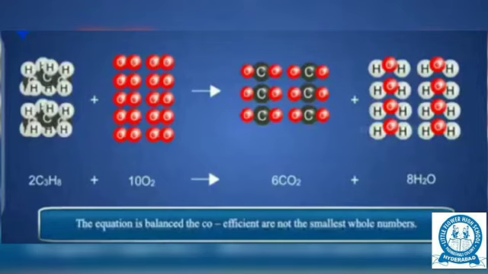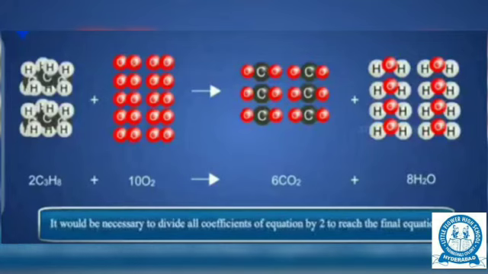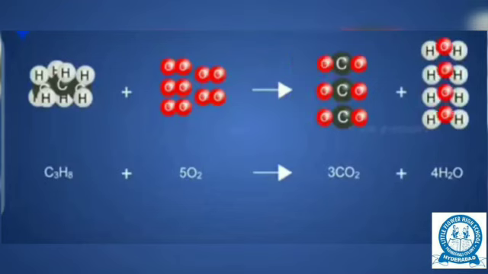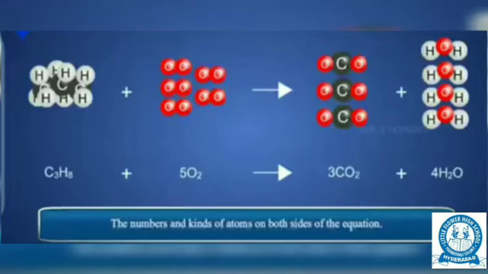The equation is balanced, but the coefficients are not the smallest whole numbers. It would be necessary to divide all coefficients of the equation by 2 to reach the final equation: C3H8 plus 5O2 gives 3CO2 plus 4H2O. Step 4. Check the numbers and kinds of atoms on both sides of the equation.